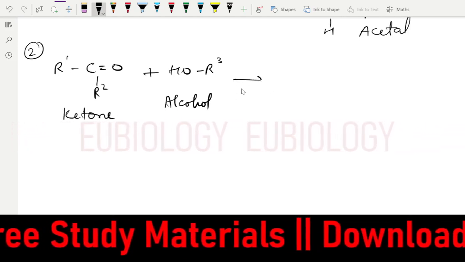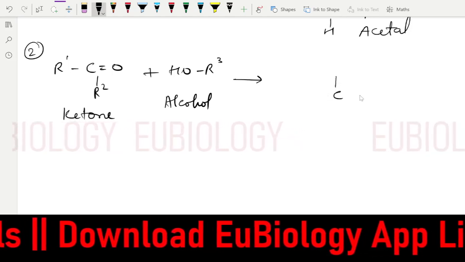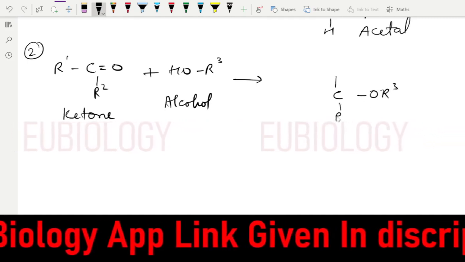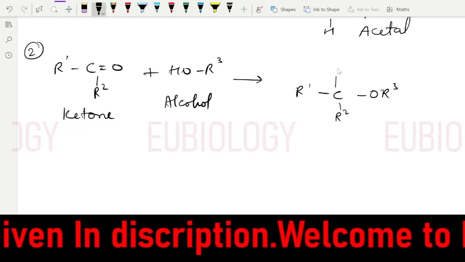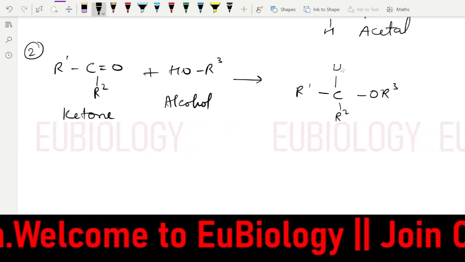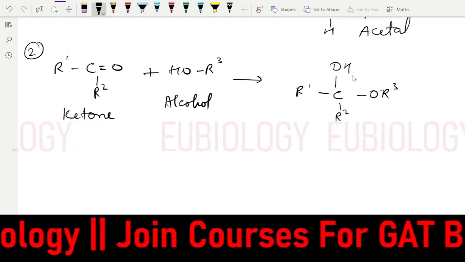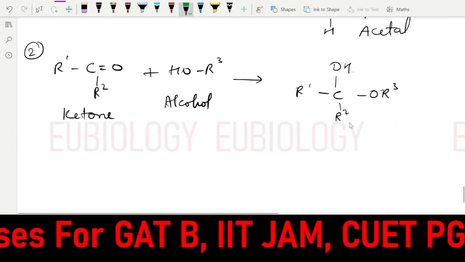It will give you what? It will give us the hemiketal. Correct. Very nice. It will give us the hemiketal, R1, R2, OR3, and here you will get what? Okay. This is your hemiketal.